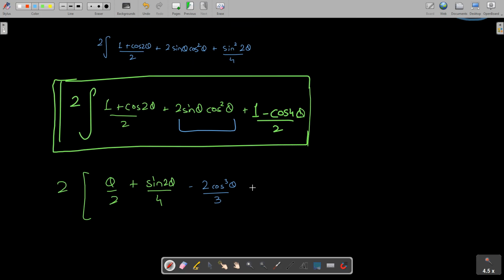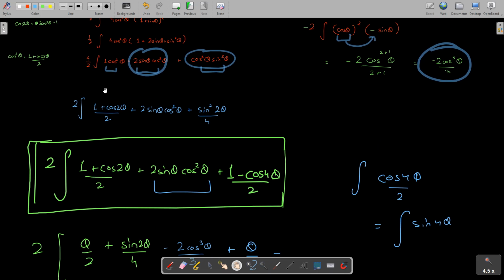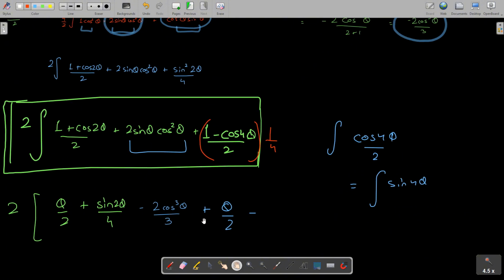Now over here we will write theta by 2 minus, now integral of cos 4 theta by 2 will be sine 4 theta. Oh, by the way, over here I forgot to substitute 1 by 4. So this makes it 1 by 8 minus cos 4 theta by 8.